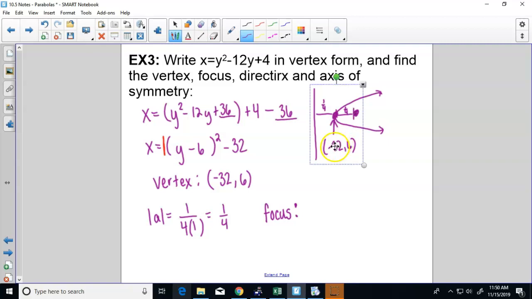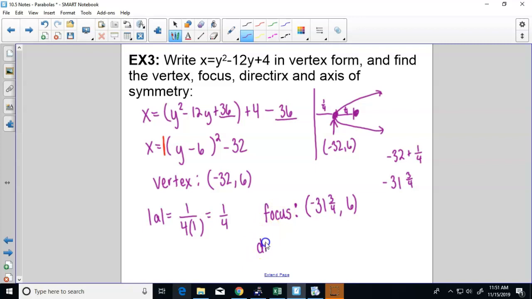It's going to change the x, because x tells us how far to go horizontally, right? So we're going to take that x coordinate, negative 32, and add 1/4, which you can do in your calculator, and that's going to be negative 31 3/4. So our focus is going to be at negative 31 3/4. The y coordinate stays the same because it doesn't move up or down. It stays right there. So that will be our focus.